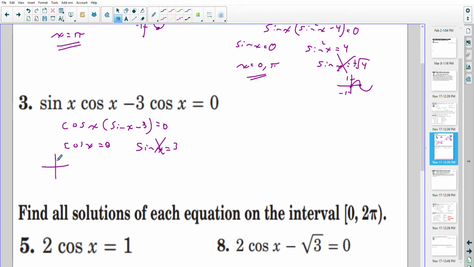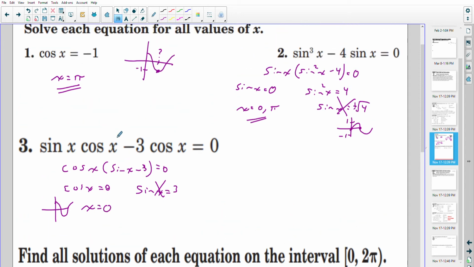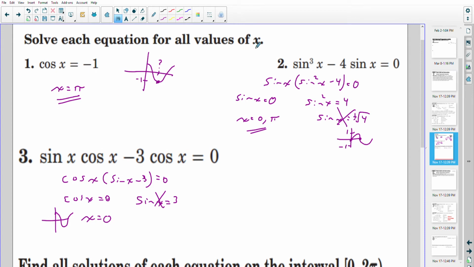It's going to equal 0 at this point right here. Now, these answers for the first three would be under the condition that x is defined between and including 0 and 2 pi.